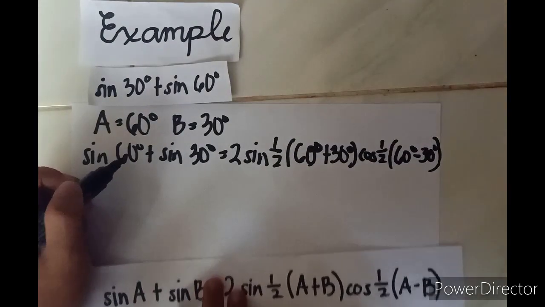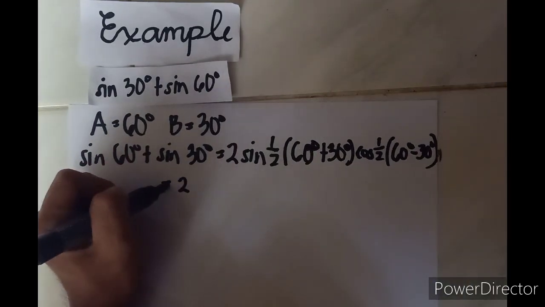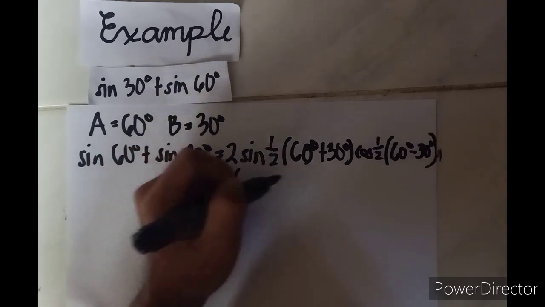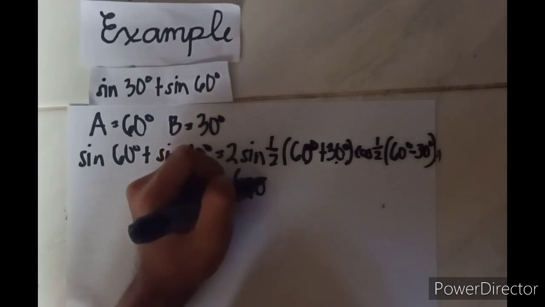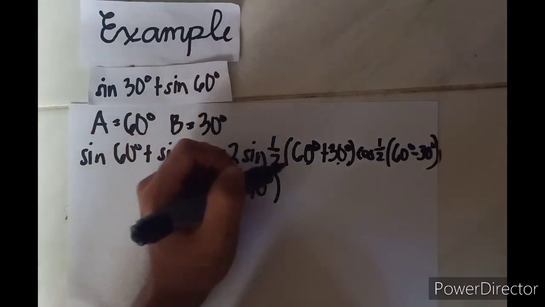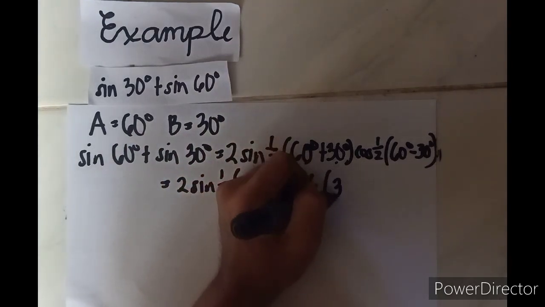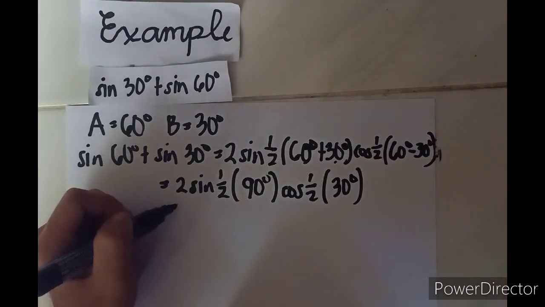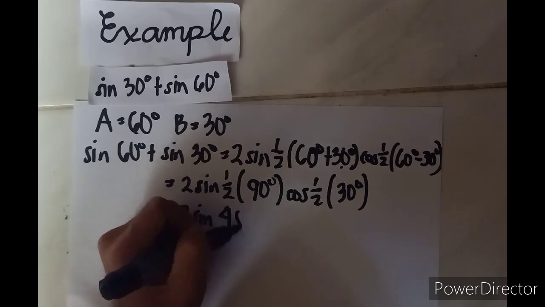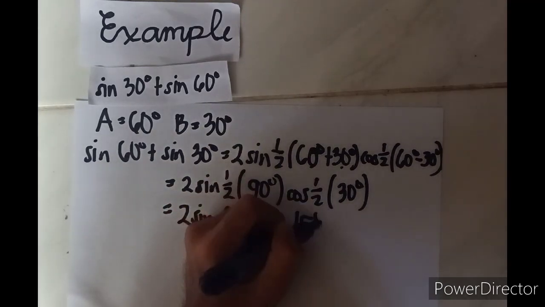Next we are going to operate what is in the parentheses and just copy what's outside. 2 sine 1/2, 60 plus 30 is 90 degrees, then cosine 1/2, 60 minus 30 is equal to 30 degrees. Then we are going to operate 1/2 times 90 is equal to 45 degrees, then 1/2 times 30 is 15 degrees.